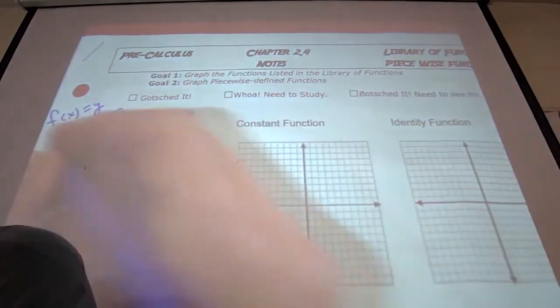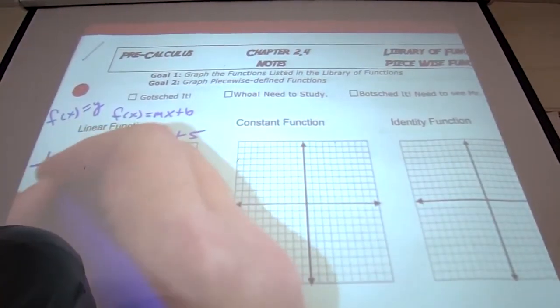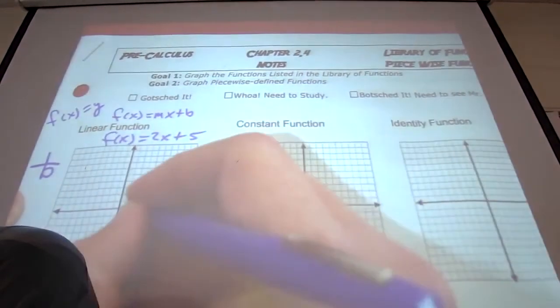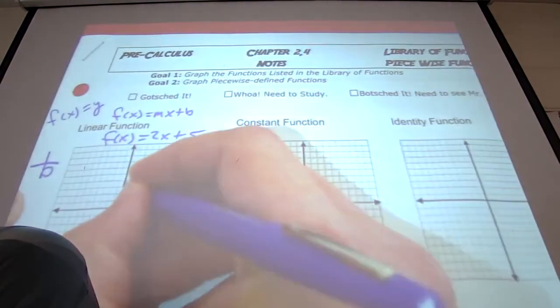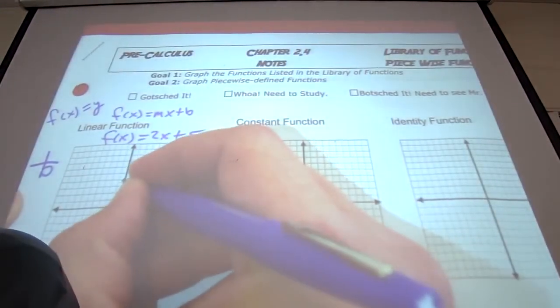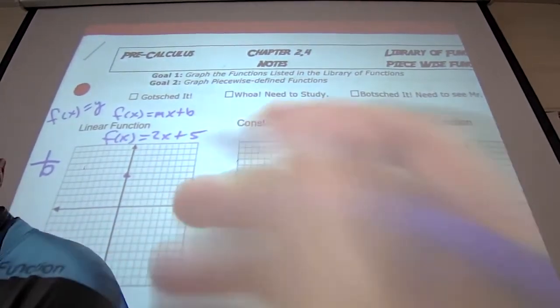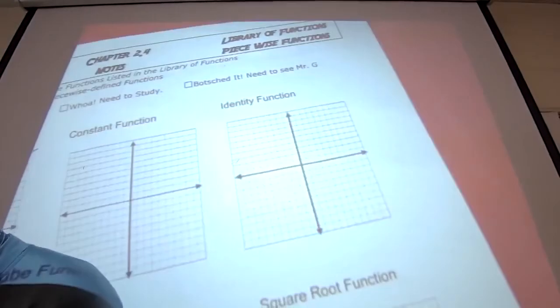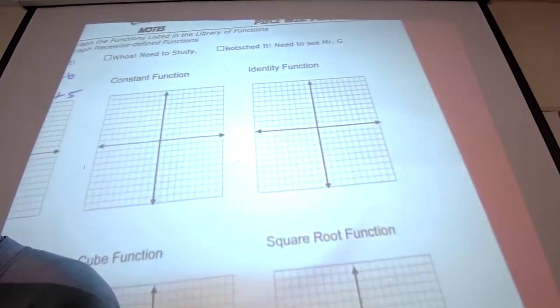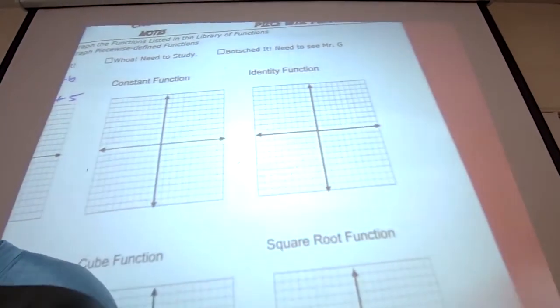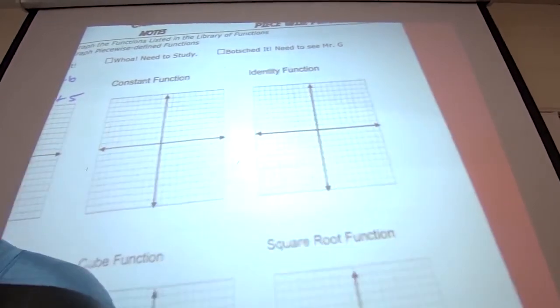So remember, we put our pencil on the b. So we go up 5, 1, 2, 3, 4, 5. It's not hard, you see, we're having fun now. It's time for rise over run, and we will graph you.